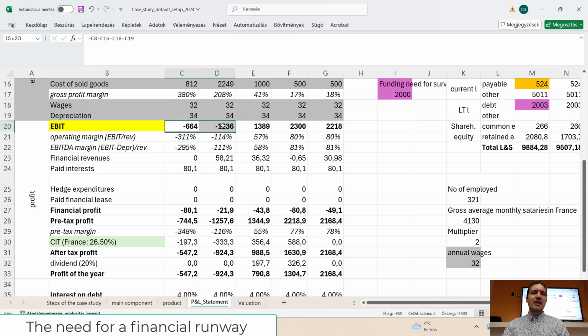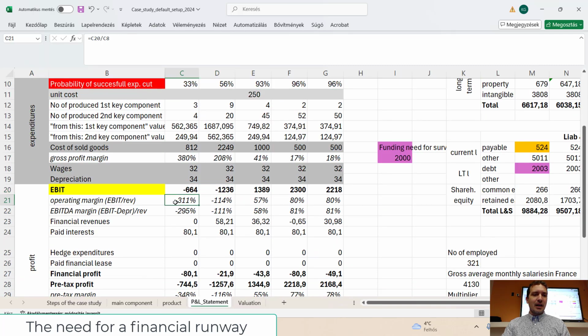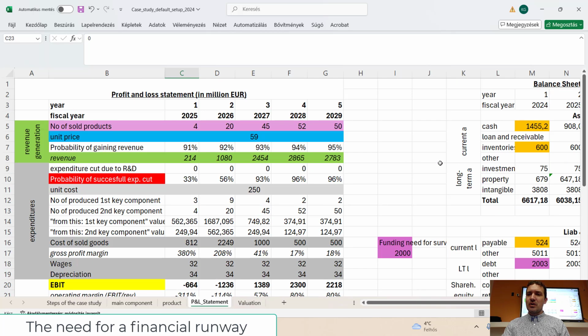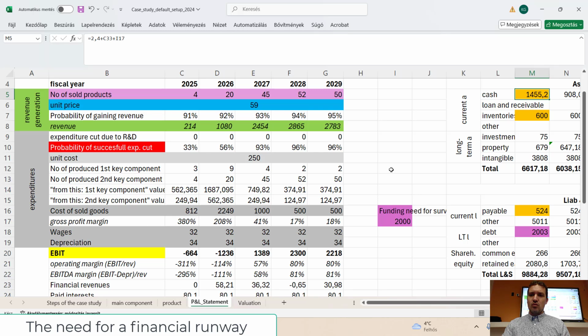So right now we are not starving to death because we have money. And then we got financial revenues. So we can invest this cash reserve into interest-bearing assets. And after that, what remains?